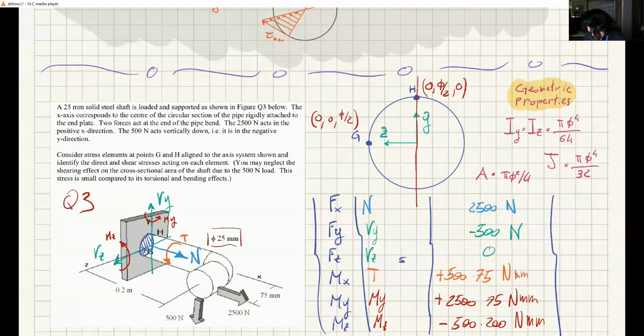So one side will be in tension, this side here, and one side will be in compression, this side here. But that also means that the distribution is like this. So one side would be like that, and one side would be like this.